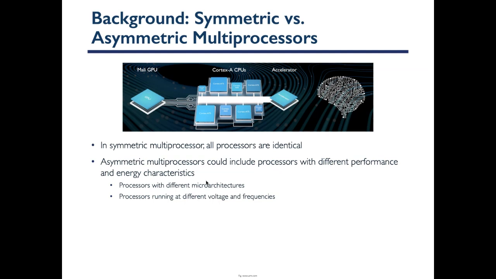You're not always playing games or interacting with your cell phone. Sometimes you're just doing background jobs. And if all of those jobs are executed by fast processors, your battery will die fast, and that's something that you don't really want. That's why you put both fast and slow CPUs, basically high performance and low power CPUs. And for the tasks that can run on a low power CPU, you run them on a low power CPU to save battery.